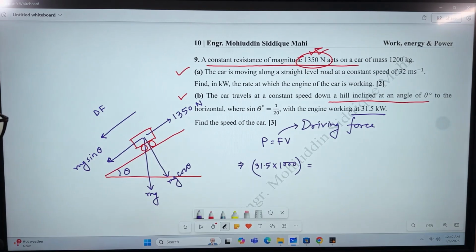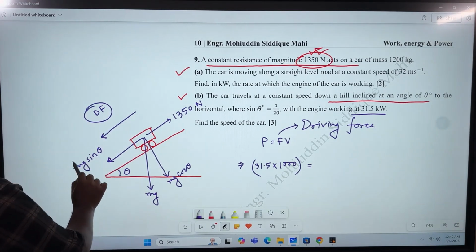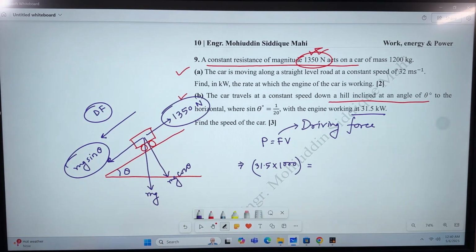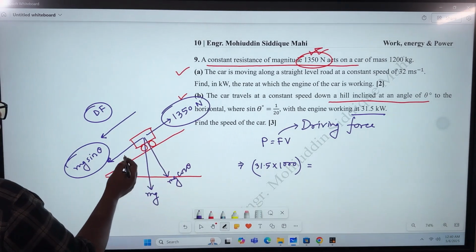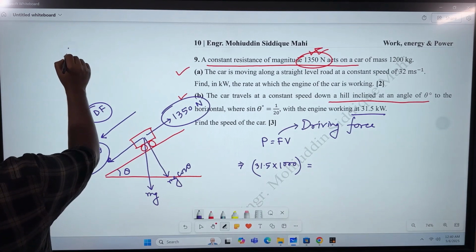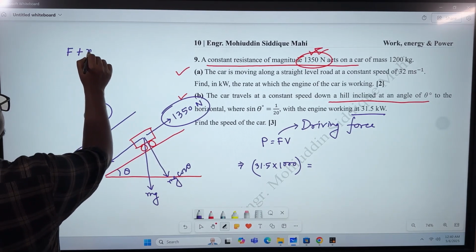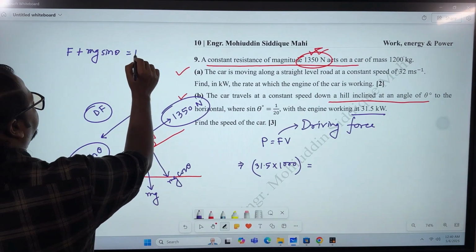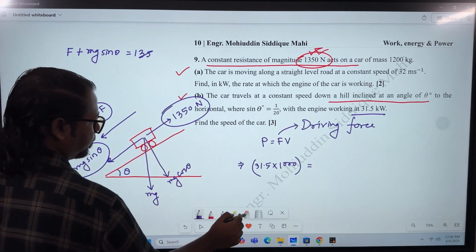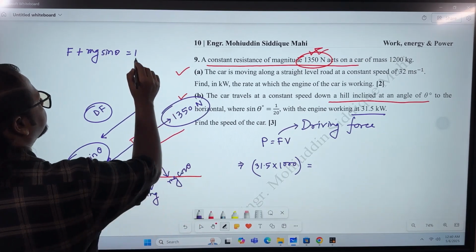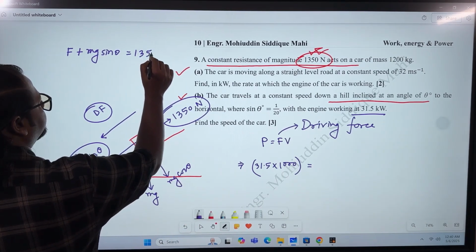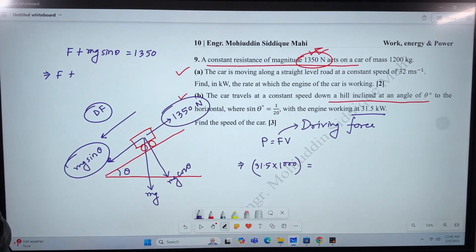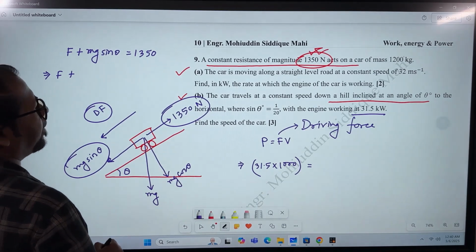Now, in downward direction, we have driving force and component of weight, and in the opposite direction 1350 Newton. As it was moving at a constant speed, the resultant force is 0. So driving force F plus mg sine theta equals 1350.